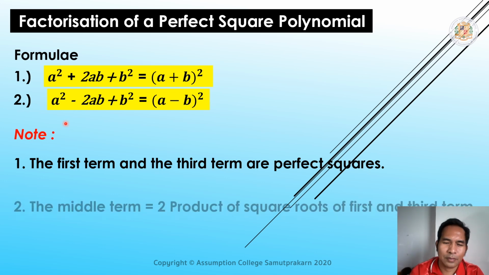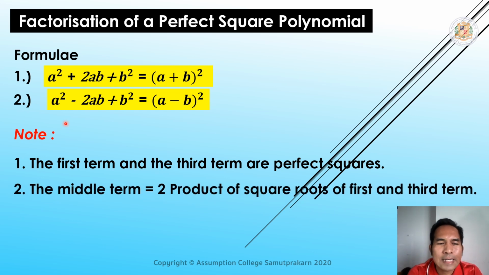Next, the middle term. The middle term is 2, that means times 2, or twice the product of the square roots of the first term and third term. So we are talking about the middle term.